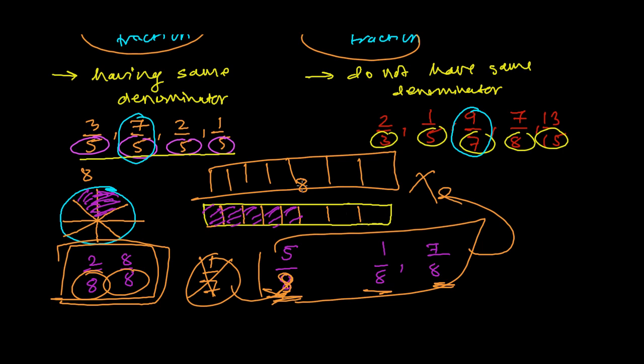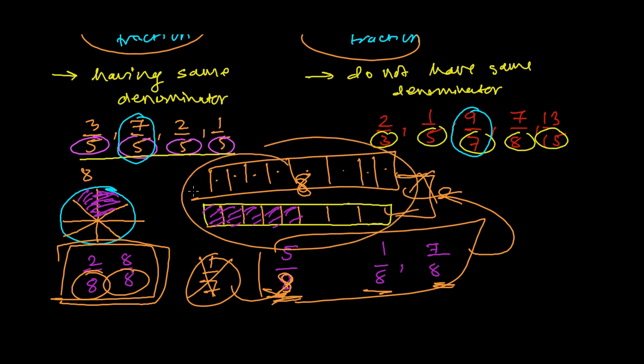If you make it 8 here also, 1, 2, 3, 4, 5, 6, 7, 8, then we can say both are made into the same equal number of parts. In that case all the fractions we write belonging to these will be like fractions, and just the opposite is unlike fractions.